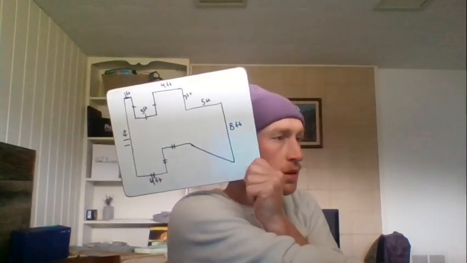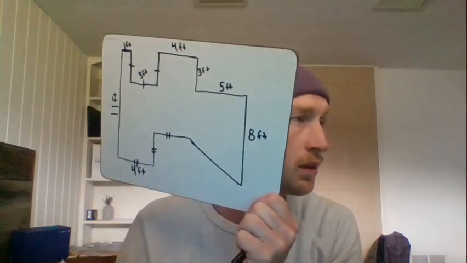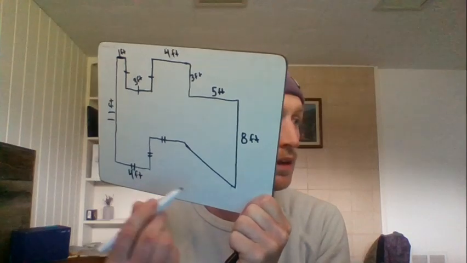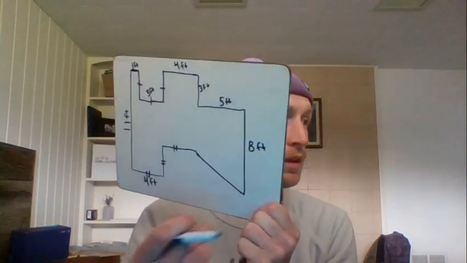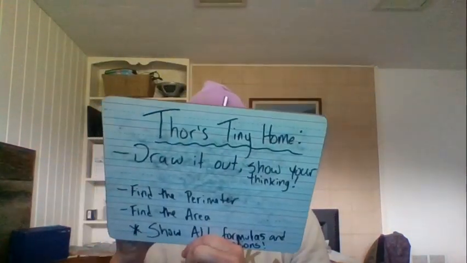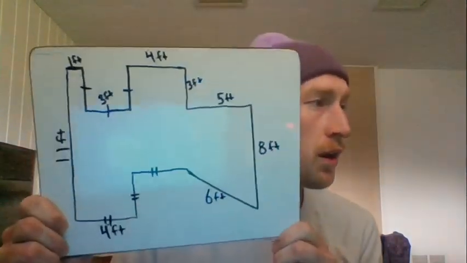Okay, so I realized I made a mistake and I forgot to add one in. I'm going to say that this diagonal line right here where I made a triangle is going to be 6 feet. Okay, there you go.